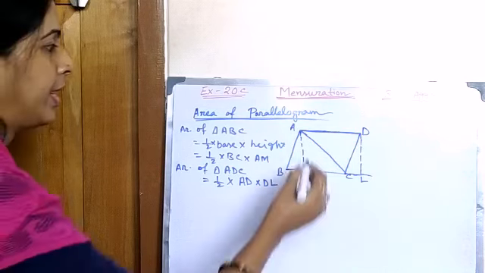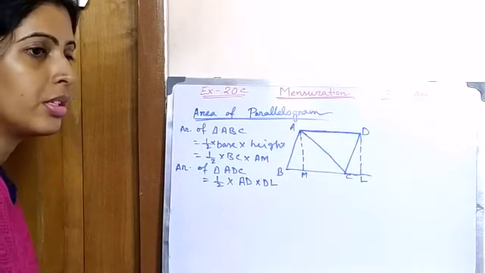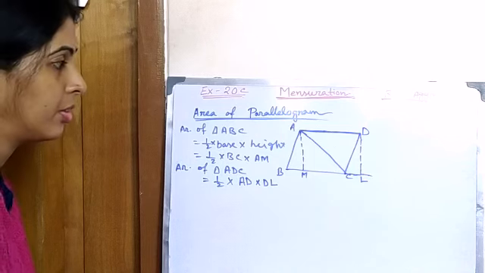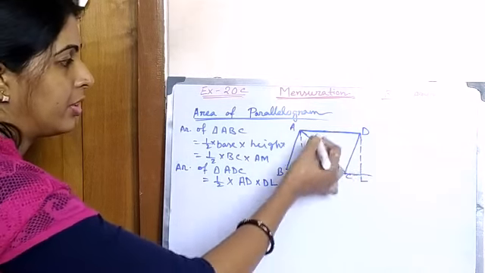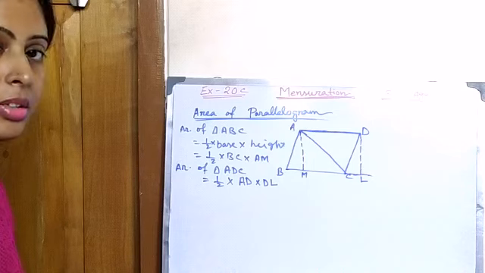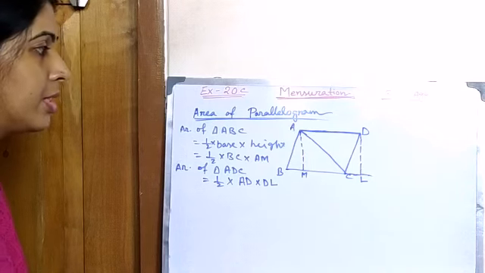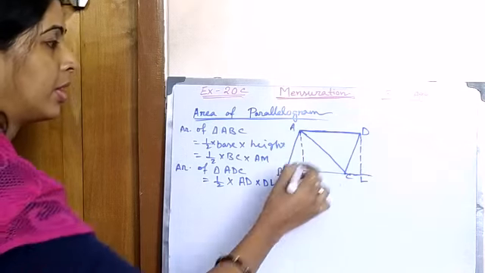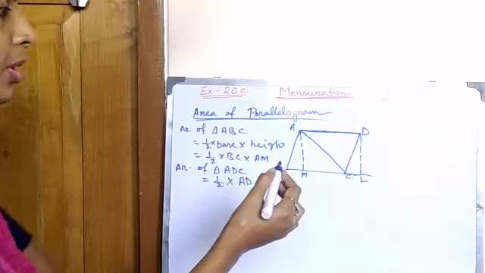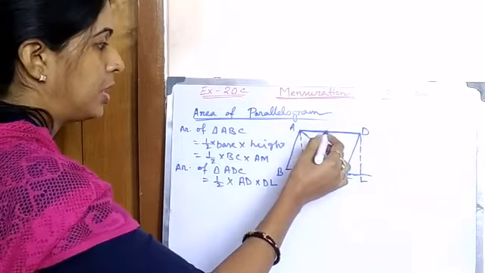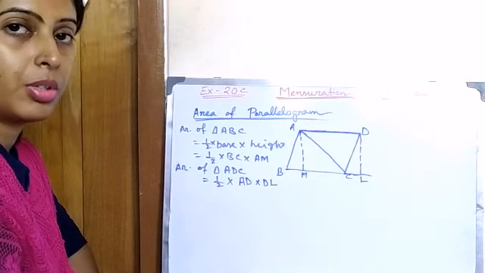Here AM and DL are the same, because these are the same height of the triangles in the parallelogram, and from the properties we know that the opposite sides of a parallelogram are equal.